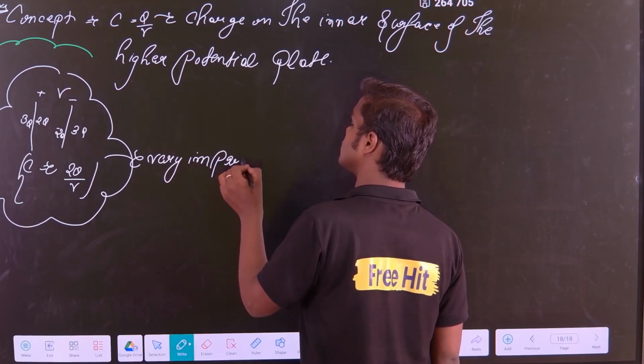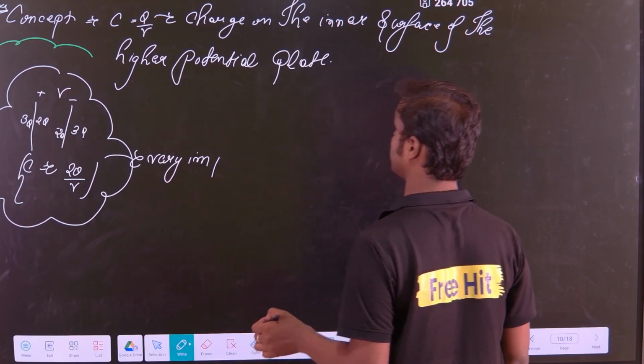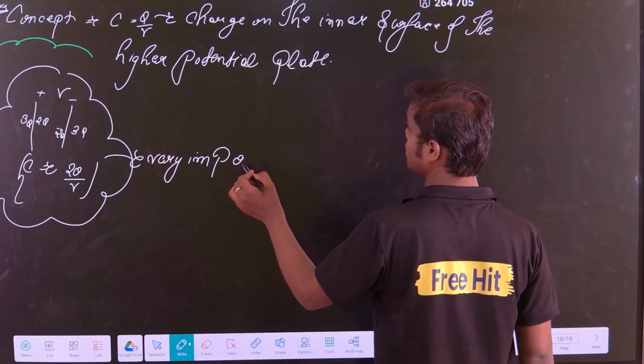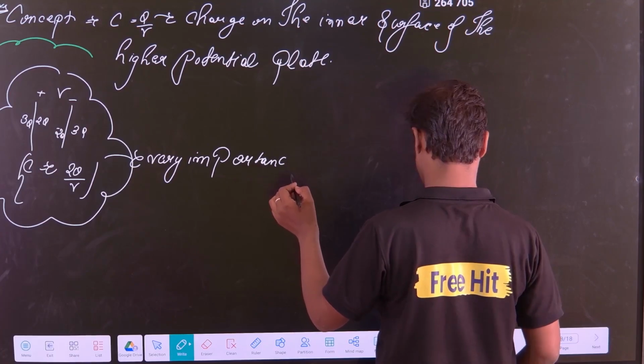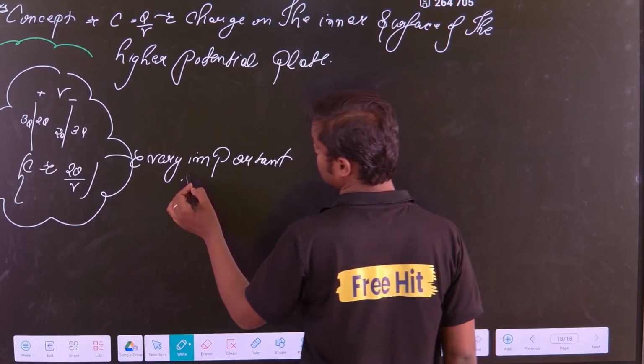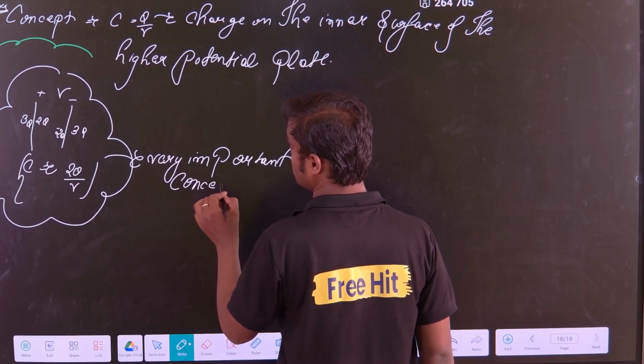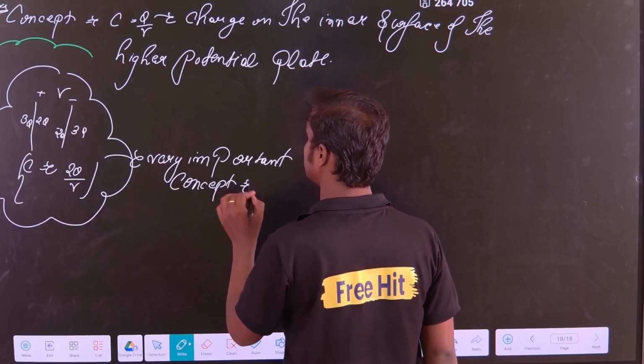Why did I tell you this concept? Let me show you one example. Then you will understand the importance of it. Very important concept, because physics is all about concepts.